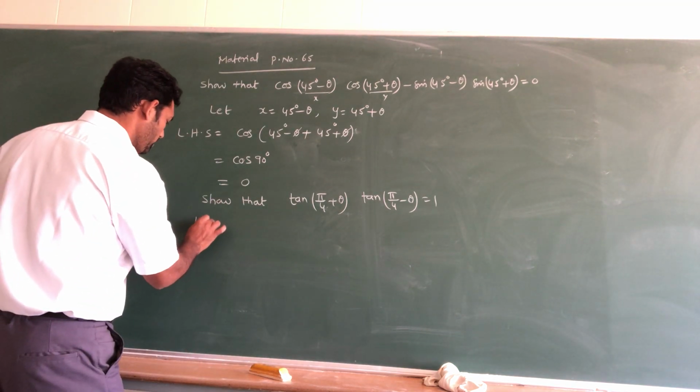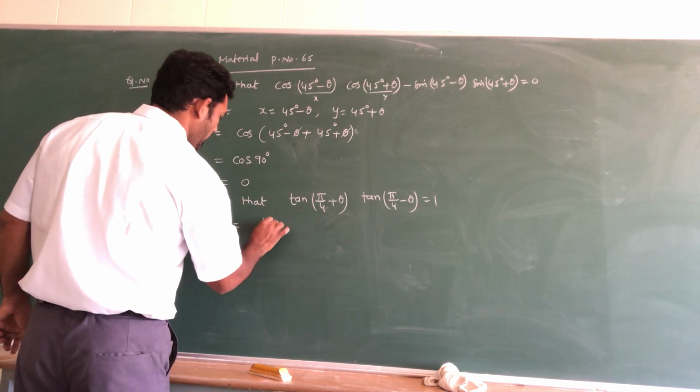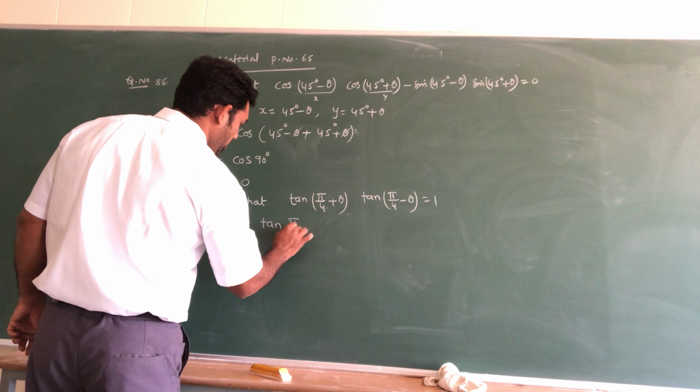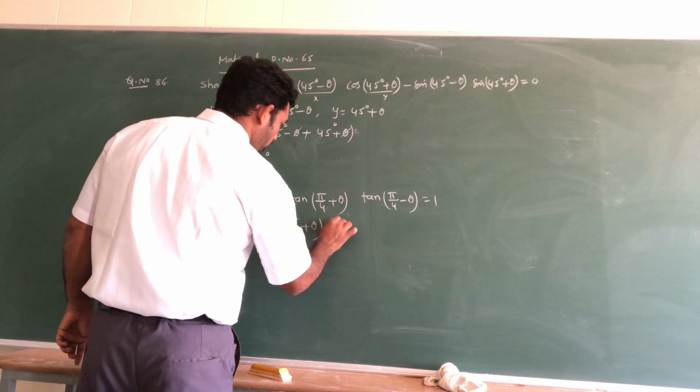Still any confusions? You see now. LHS is equal to tan(pi by 4 plus theta) tan(pi by 4 minus theta).